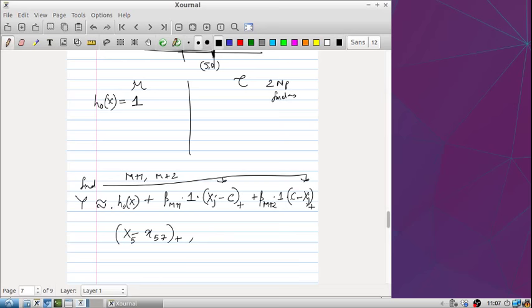Actually this function should also have a coefficient beta naught, let's say. So find this just means find these three coefficients. Find the function pair, and for each function you'll have a beta coefficient which will make a prediction. So the best function will also have some beta coefficients.